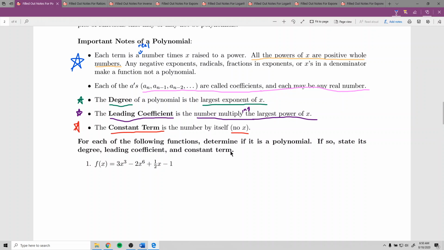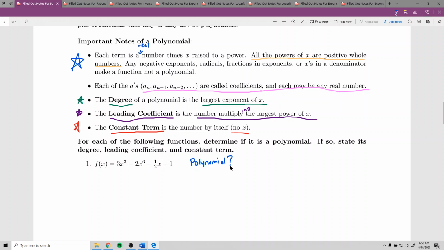All right, so for each of the following functions, determine if it is a polynomial. If it is, state the degree, leading coefficient, and constant term. The first question is, is this a polynomial?